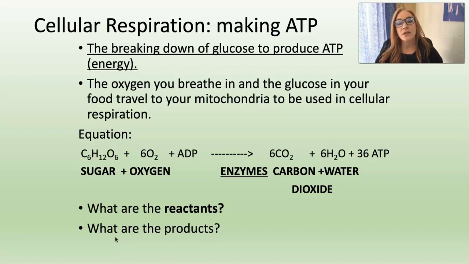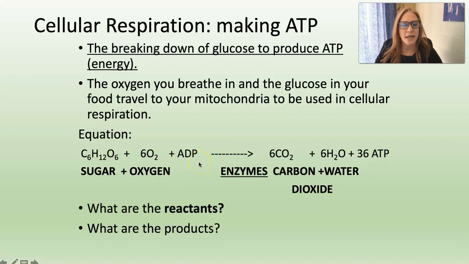So the equations for photosynthesis and respiration are pretty close. They just run backward. Remember the equation for photosynthesis? It's the opposite in cellular respiration. So cellular respiration is one molecule of sugar, whose molecular structure is C6H12O6, plus 6 oxygen molecules, 6 O2, plus some ADP that's hanging around in there.